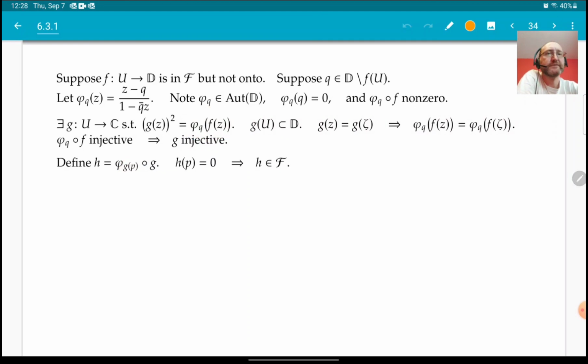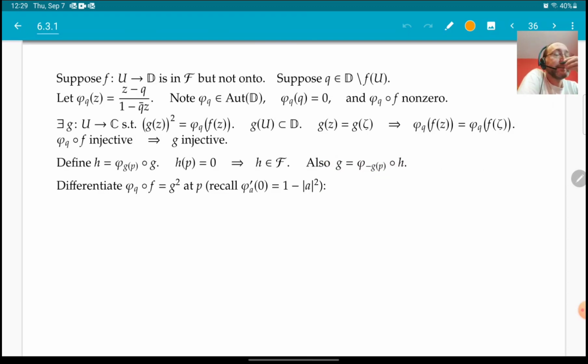And it's clearly injective as well, I'm just composing with an automorphism. Another way of writing it: what is the inverse of phi? It's actually phi of minus g of p. So I can also write h in this way.